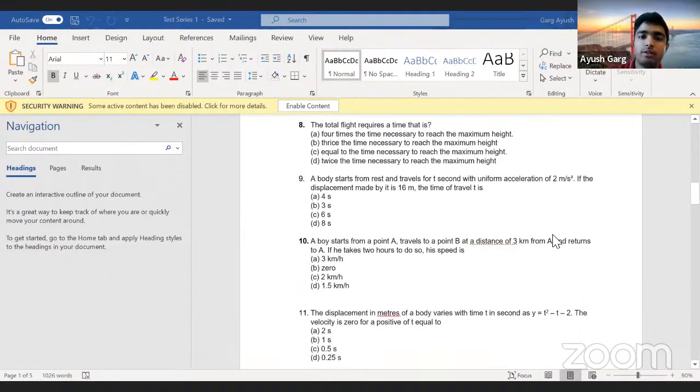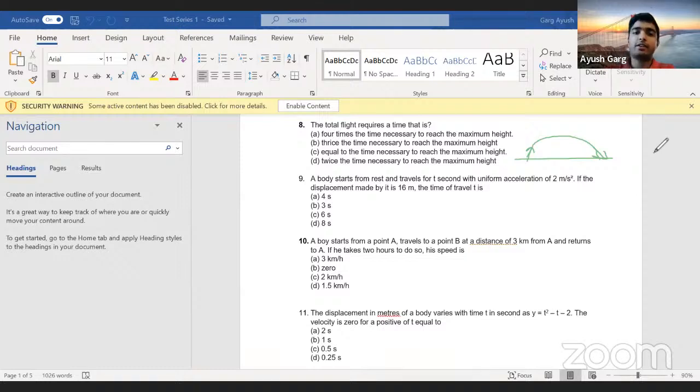The total flight requires a time that is, let's look at projectile motion now. When we are talking about flight, we're talking about projectile motion. You know projectile motion, right? This is how it goes. Let's say this is the ground. It's fired like this and comes down on the ground like this.